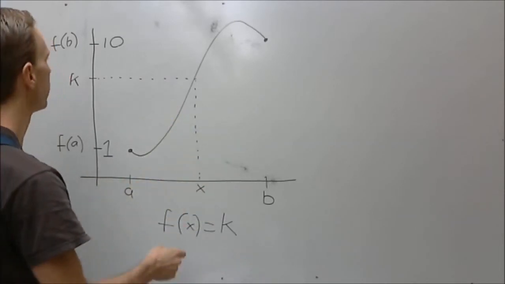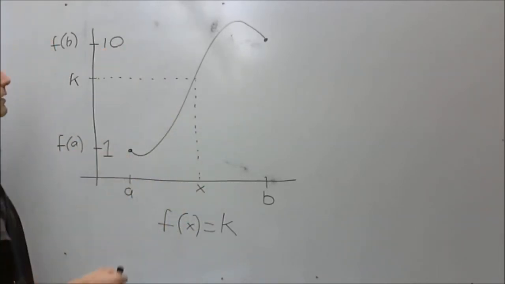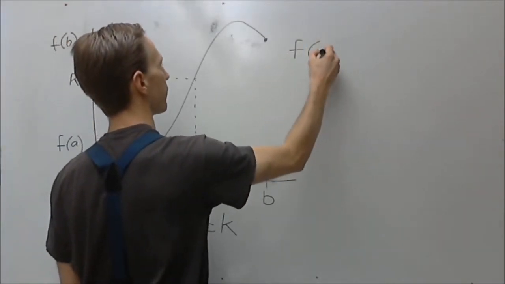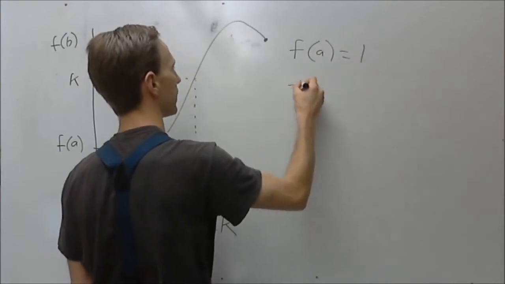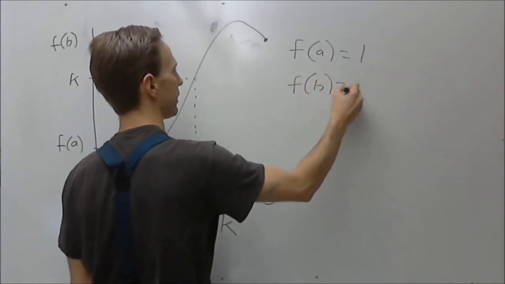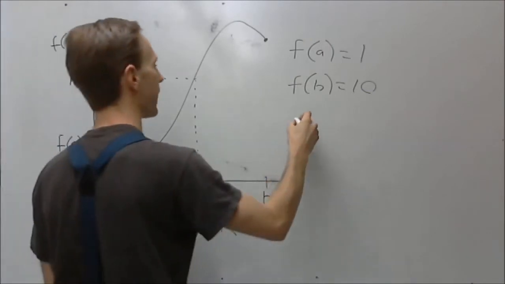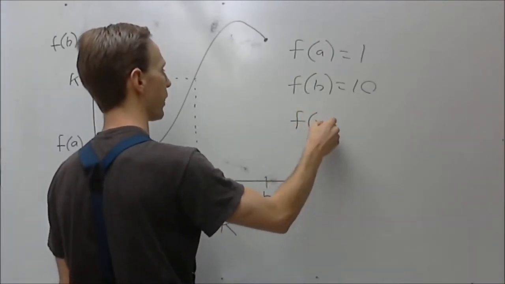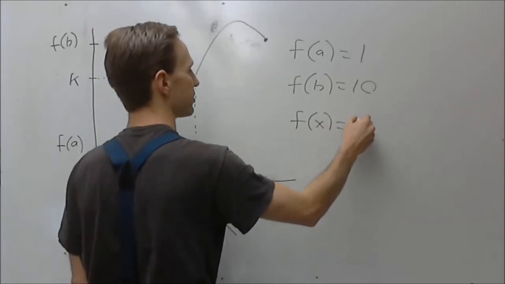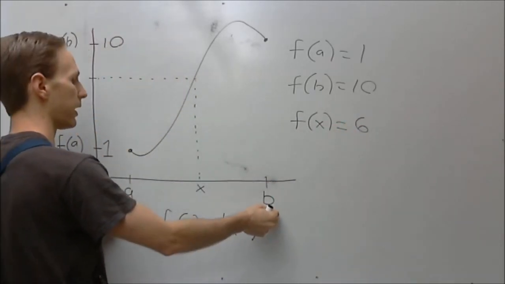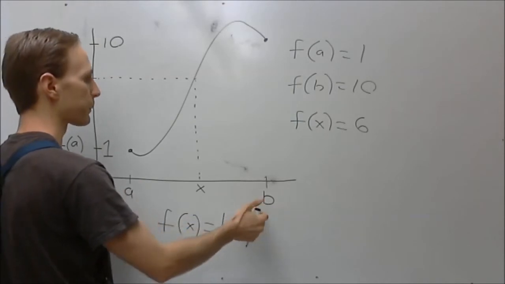So for example, sticking with this 1 and 10 example, if you know that it's continuous, and you know that f of a is 1, and you know that f of b is 10, and you have a is less than b, then you're guaranteed that the equation f of x equals, say, 6 is going to have a solution somewhere inside a and b.